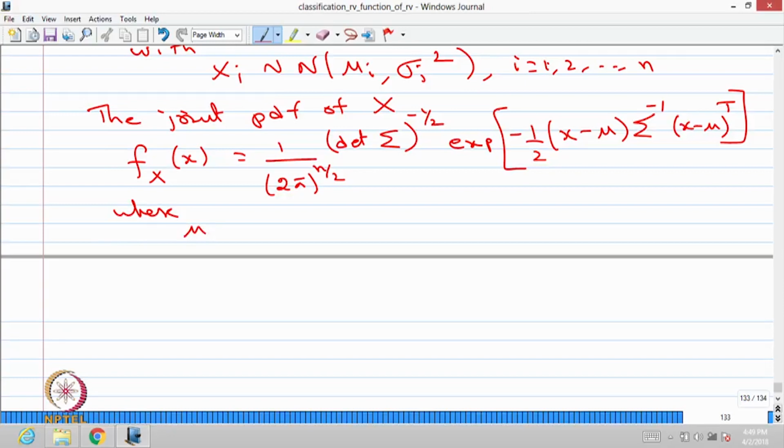mu is a vector, the expectation of the vector, that means whose elements are expectation of X1, expectation of X2 and so on, the nth element being expectation of Xn. Mu is the vector whose elements are the individual expectations.